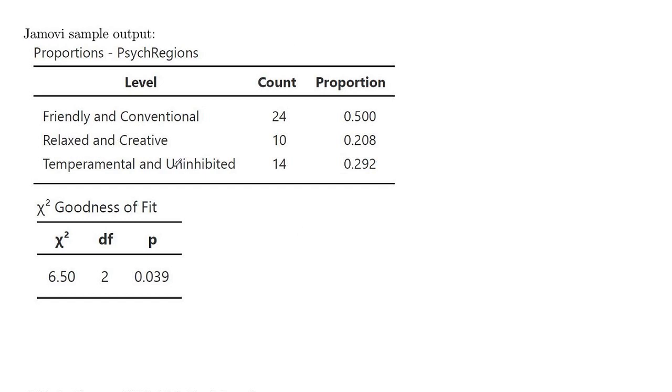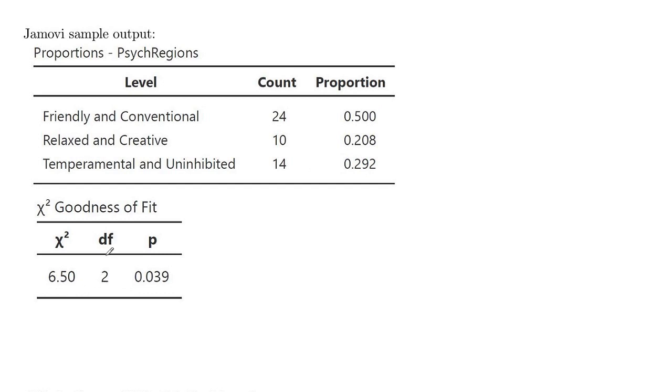This is looking at state data by the psychological profile: friendly and conventional, relaxed, creative, temperamental, uninhibited. Here we had 48 states that were surveyed, and these are the observed proportions. The chi-squared test statistic right here was 6.5.